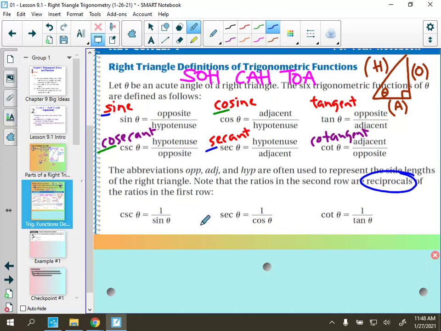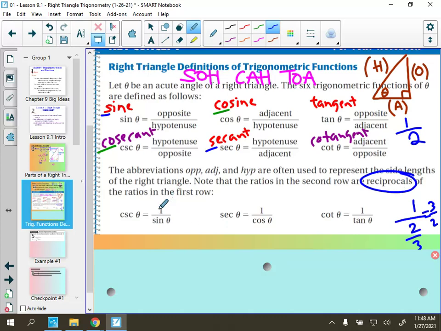If I want to flip 2 over, I divide 1 by 2, and that becomes 1 over 2. If I want to flip 2/3 over, 1 divided by 2/3 is 1.5, or 3 over 2. That's how you mathematically flip a fraction. I know I'm using the word flip loosely, but I think we understand what that means.